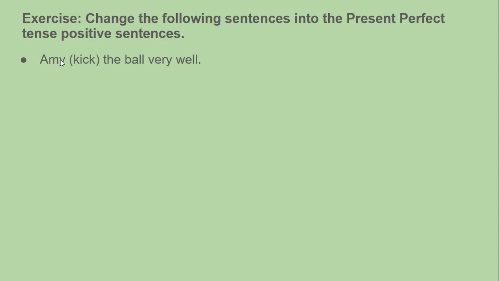So we've got Emmy. Emmy is the subject. And Emmy is a she. And therefore, we have to use has. As the rule said, for he, she, and it, use has. Then we put has after the subject. And then for our verb, we need to use the third form, the past participle.